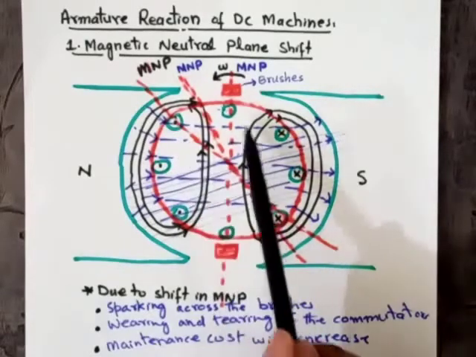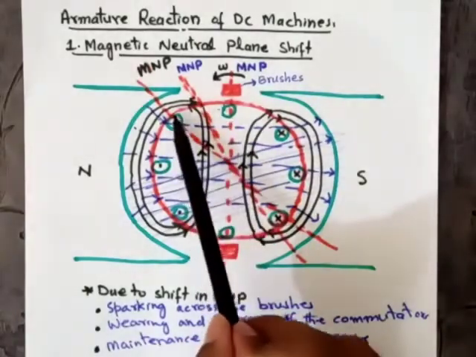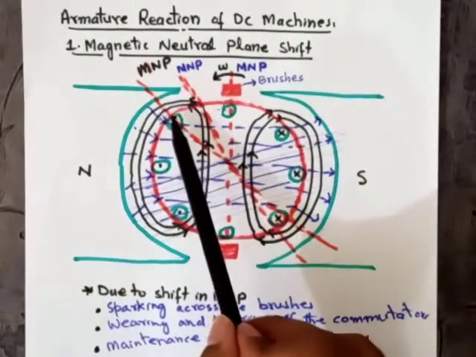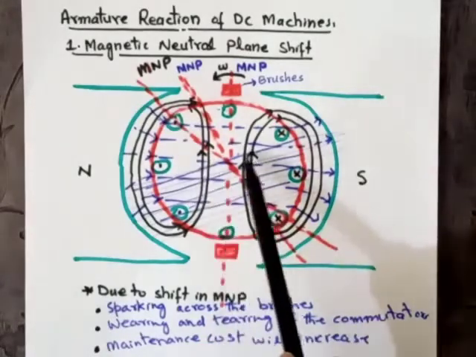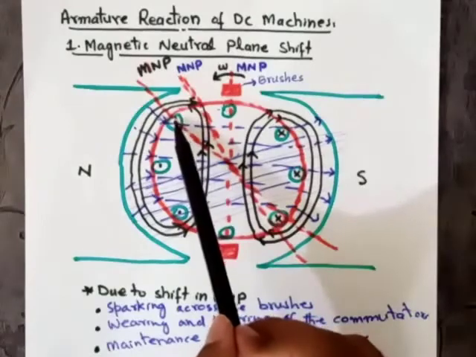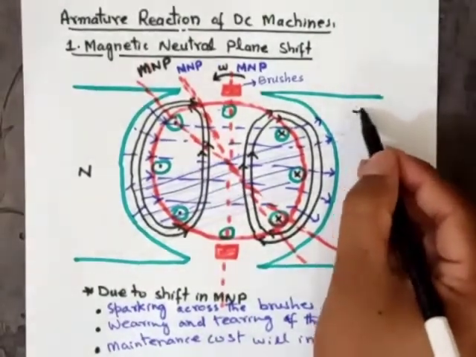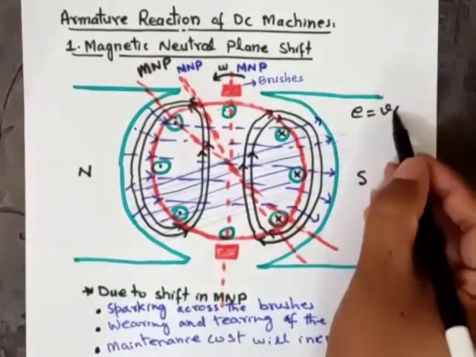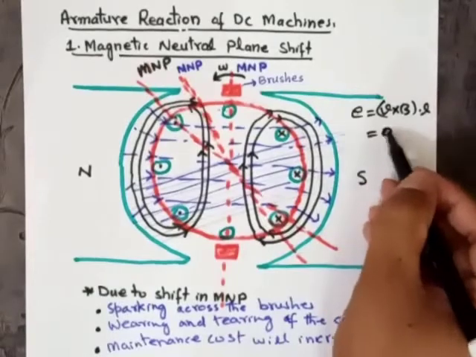As you can see in this figure, when the magnetic neutral plane is shifted, it means here the direction of the velocity of the conductor and the direction of the magnetic field are both parallel. In case of parallel, as we know, E is equal to V cross B dot L, which is equal to 0.